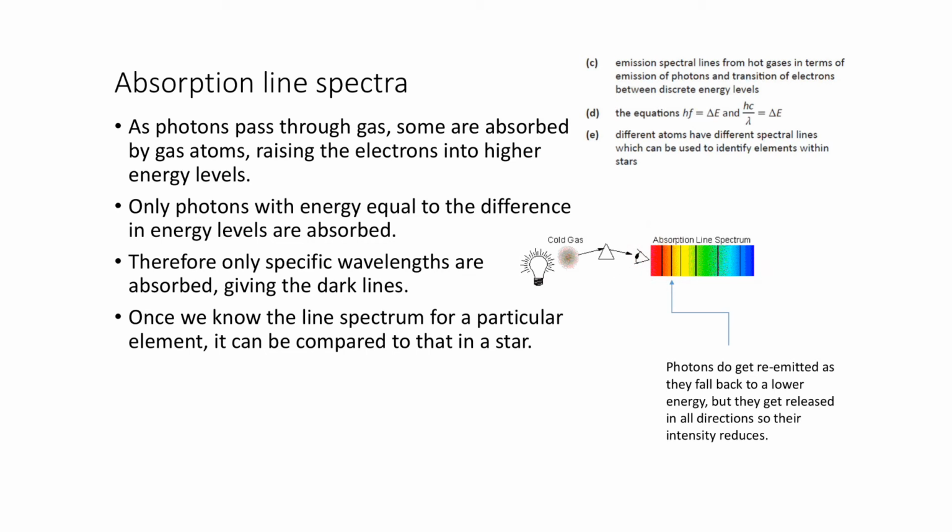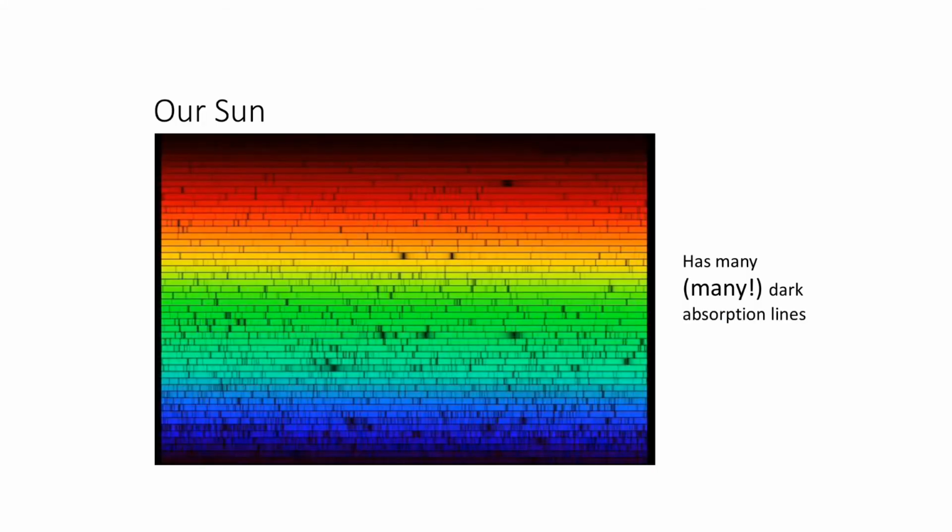But if we look really carefully on Earth, we don't actually see all colours of light. If we zoom in on our sun, we might think we get all the colours, but this is actually a picture of all of the absorption lines that we would see.